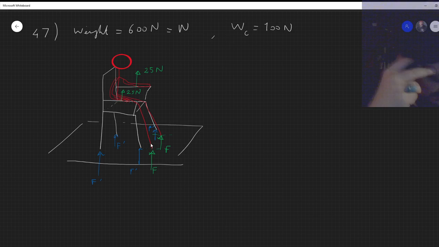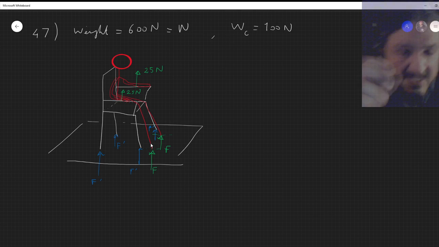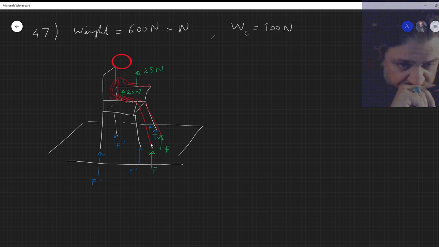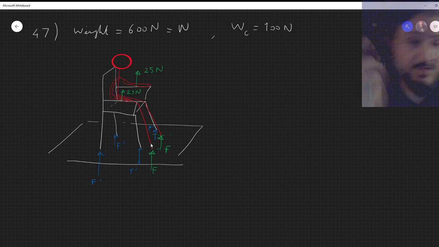Alright. And part C. Consider the woman and the chair to be a single system, okay? Draw a free body diagram for this system that includes only the external forces acting on it. So for part C, the chair and the woman will be a system, in which case we don't have to, for instance, worry about the 25 newton force, right?